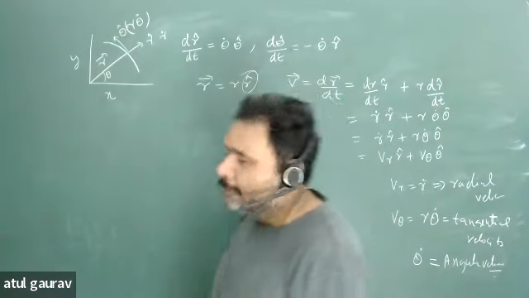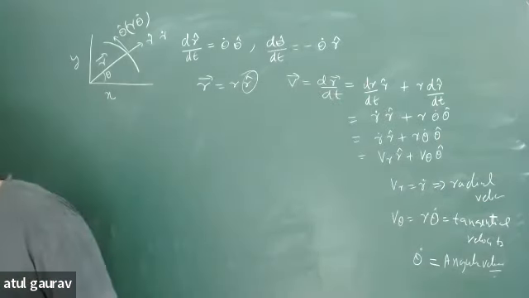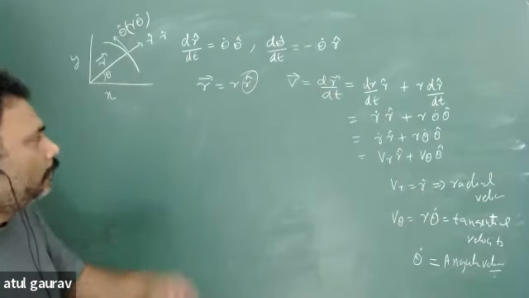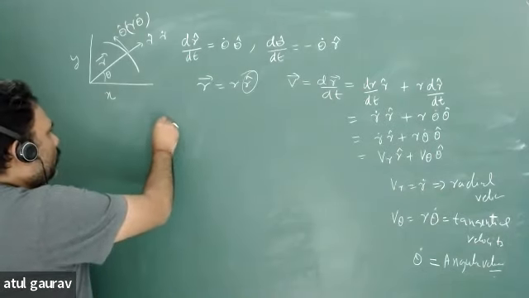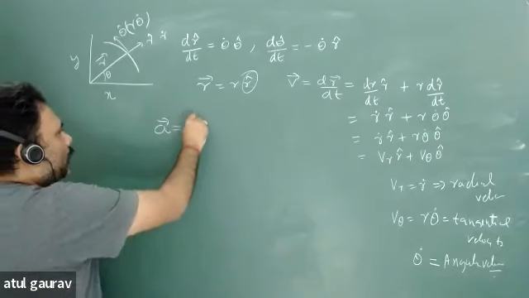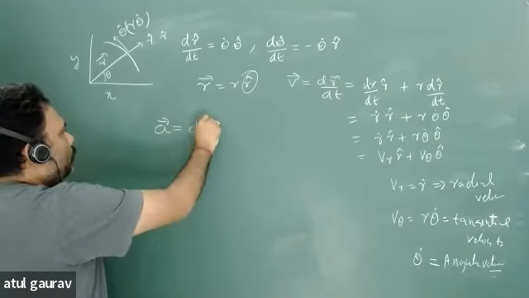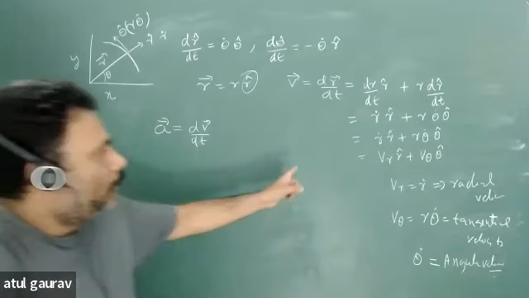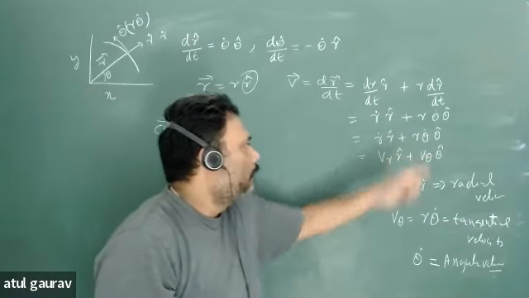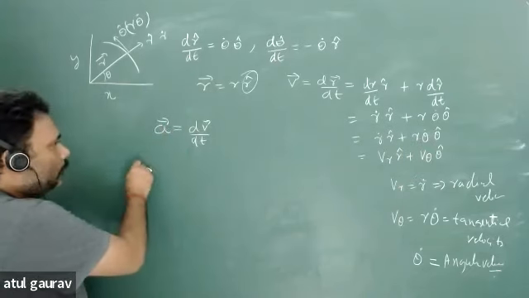And now let's go for acceleration. So what is acceleration? Acceleration is nothing but dv upon dt. And now we have to differentiate this particular thing. So what will happen?